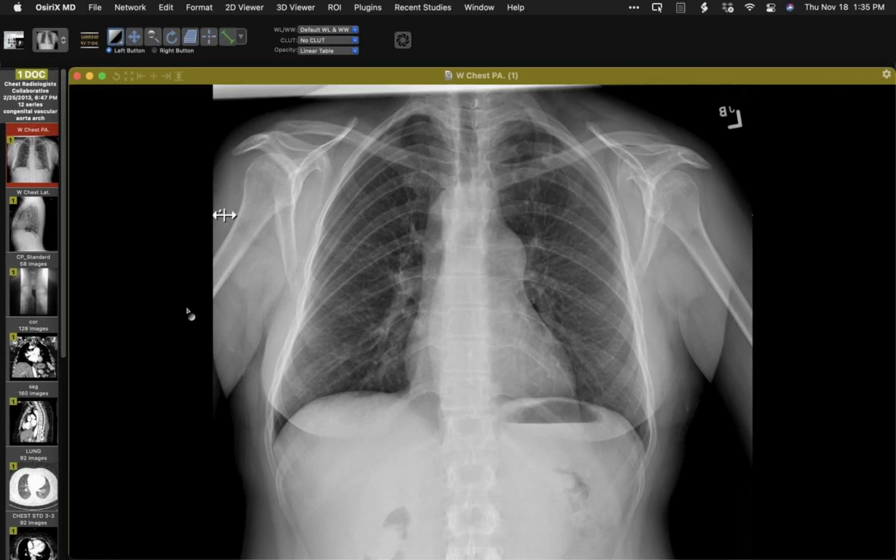A nice example of a right-sided aortic arch, and the descending aorta is on the right side. Certainly the main pulmonary artery segment is large.